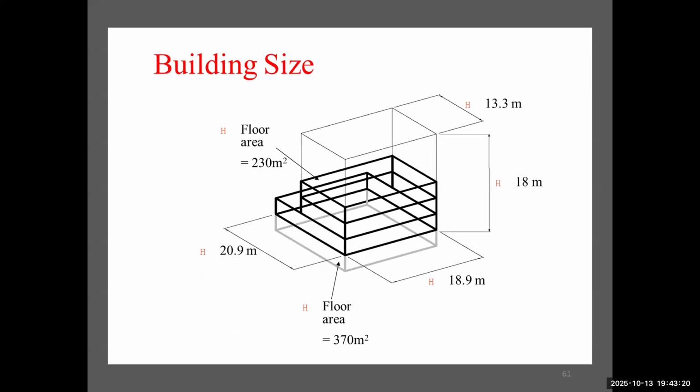And as we have seen in the FDS simulation, we firstly input the building size, the building model. So this is our building model. The floor area is almost 370 square meters, with a height of nearly 20 meters.